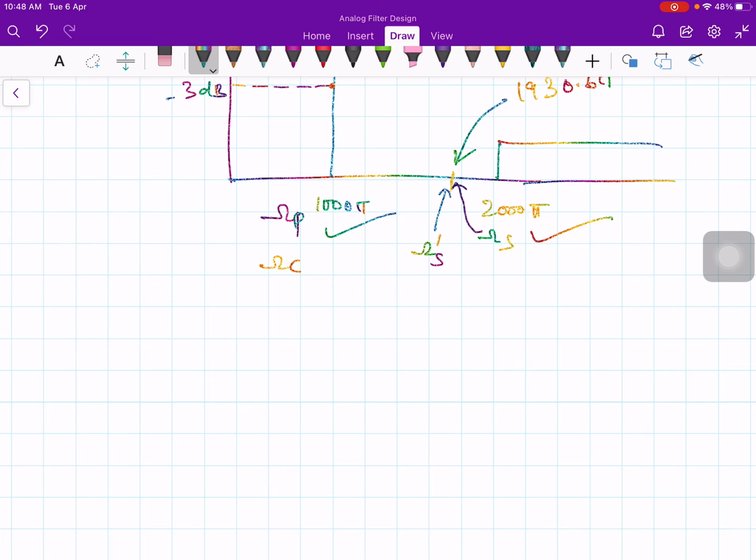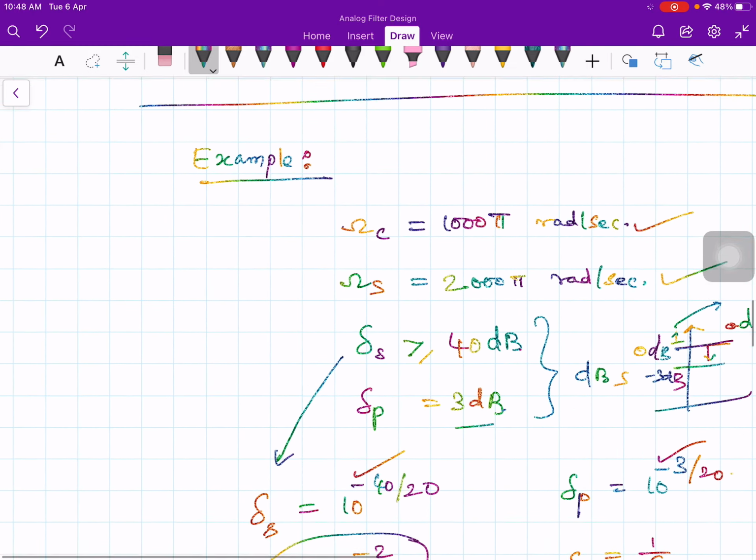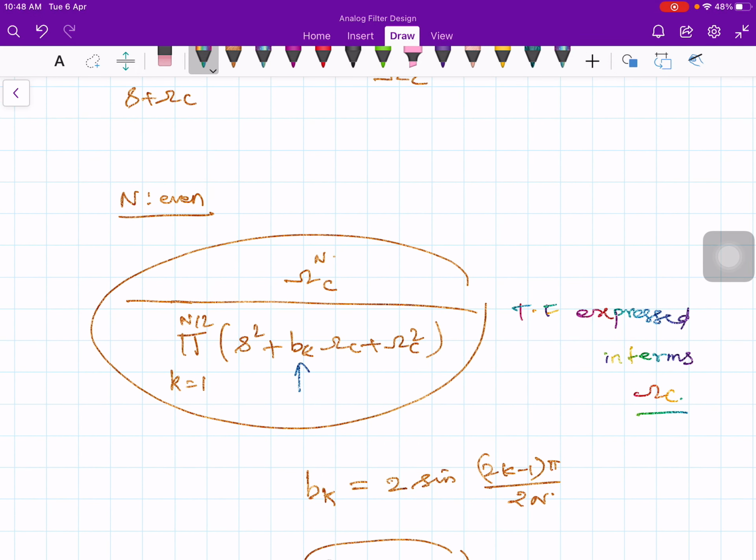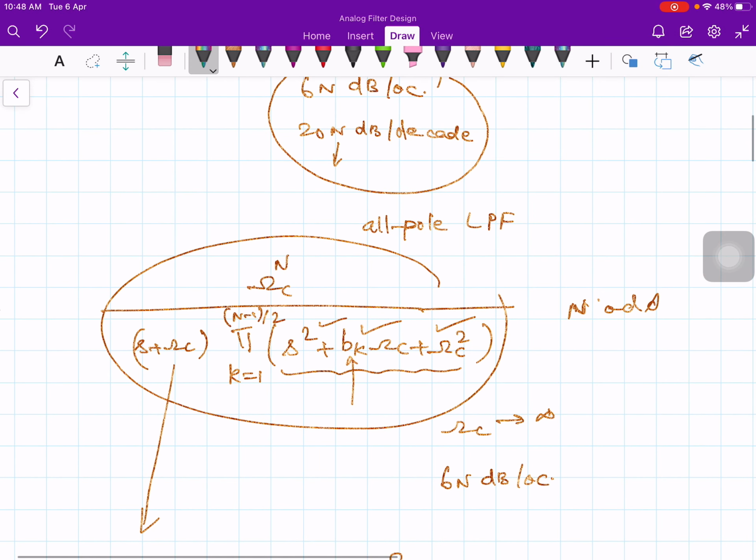And in addition, now you can find out the transfer function HA of s, that would be in the numerator omega c. If you recall the general formula, I have written here, if it is odd, this is for even, right? If it is odd, this is a formula, omega c to the power capital N divided by s plus omega c.